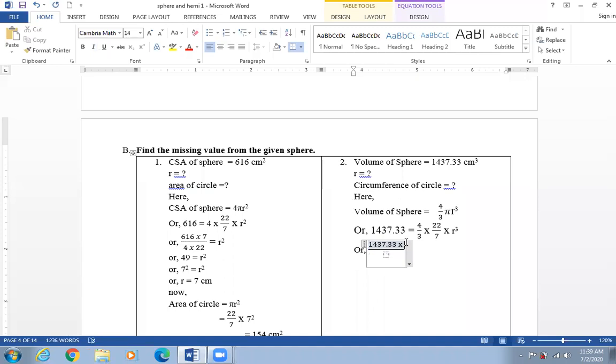So divide becomes multiply over here: 7 into 3 into 7, that is 21. Multiply goes to this side, it becomes divide: 4 into 22 equals r cube.